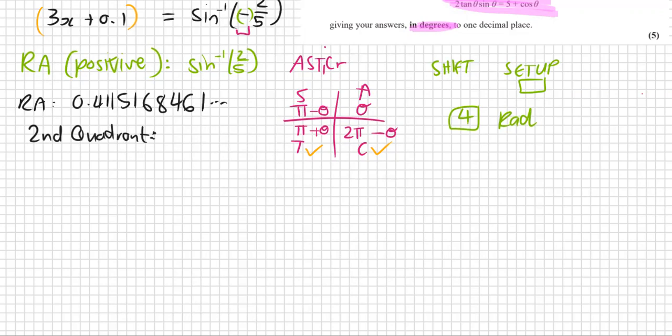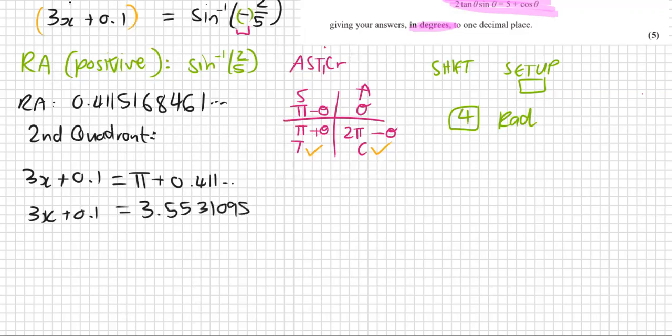Second quadrant, well, we know that 3x + 0.1 must be equal to our pi plus our theta, and our positive reference angle is 0.411 and so on. So we add pi to our reference angle and it equals 3.553109. Okay.